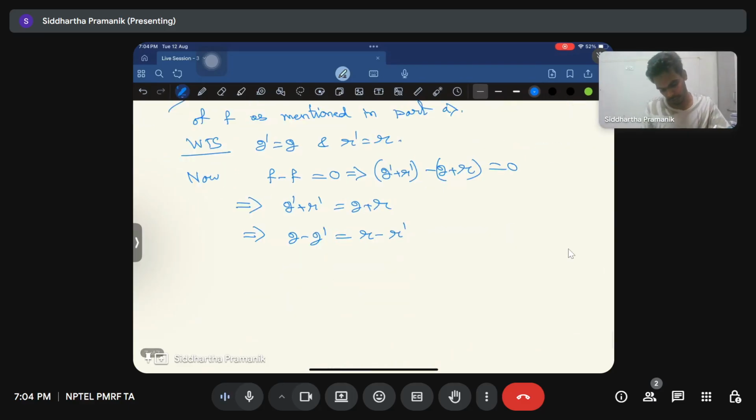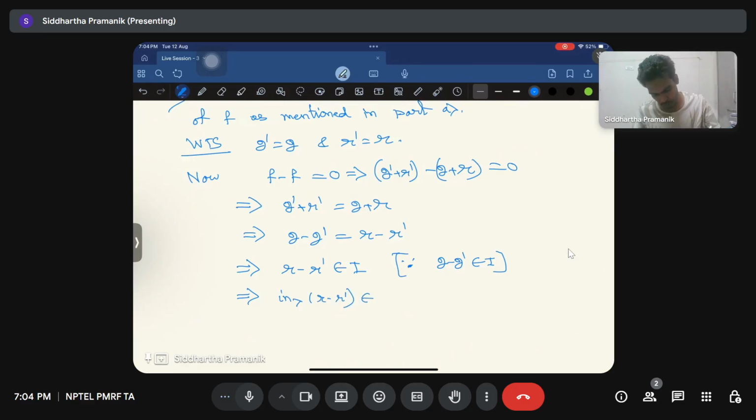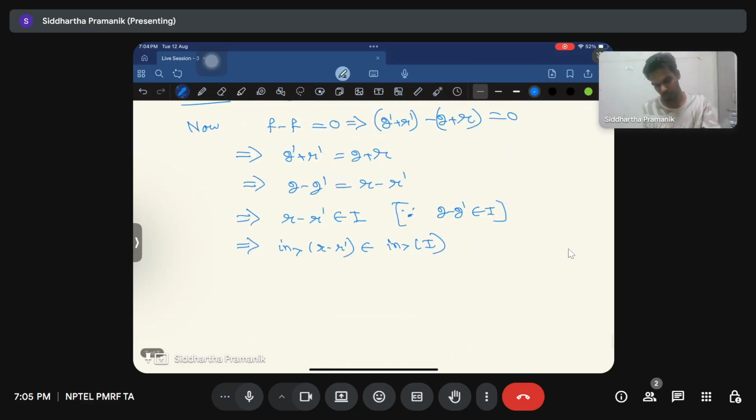Now this implies R minus R prime belongs to I, because G and G prime belong to I. This element belongs to I, which implies the initial term of R minus R prime must belong to the initial ideal of I. So this is a monomial in this ideal.